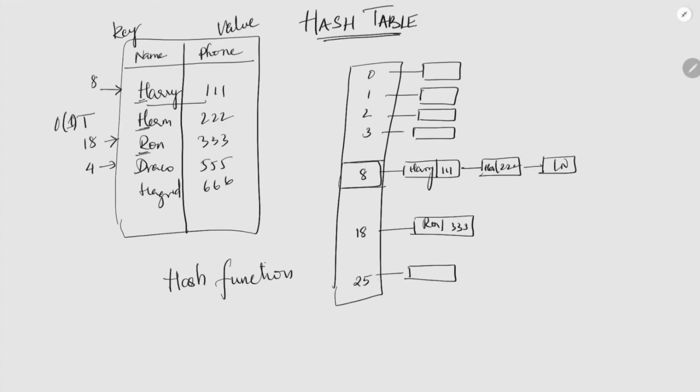And once you have inserted all your key value pairs, you will try to access them. When you want to access the phone number of Harry, what you do is apply the hash function on the key. In our case, if we consider Harry, we apply the hash function and then we get the value of 8. Since you can access the values in a dynamic array in constant time, you just go and look up that value. And this is going to contain a list.